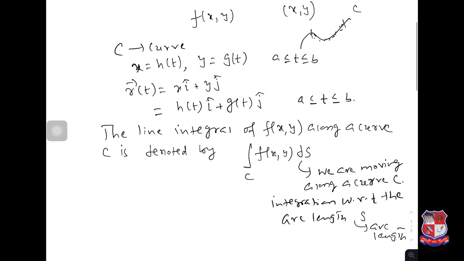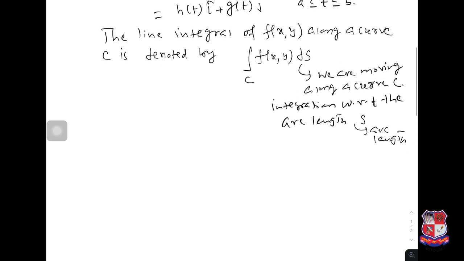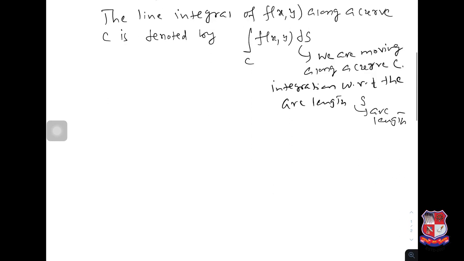So if the point t lies from here to here, this is the arc length.